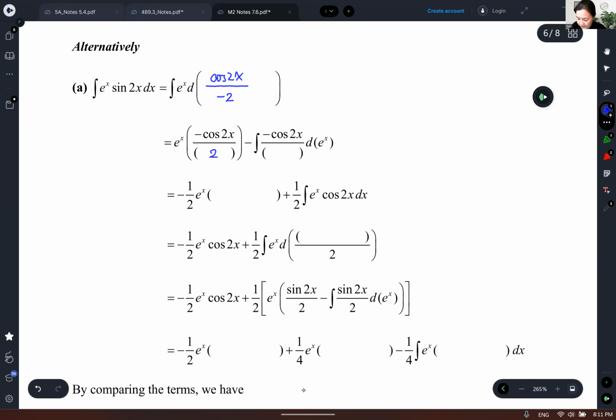So that is this, and then let's switch these two. So the first one is -1/2 e^x and then cosine 2x. And this one is plus 1/2 e to the power x cosine 2x, like that.